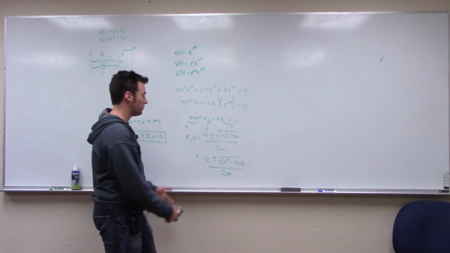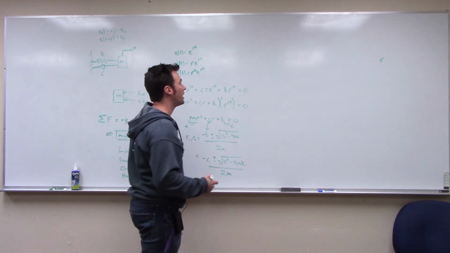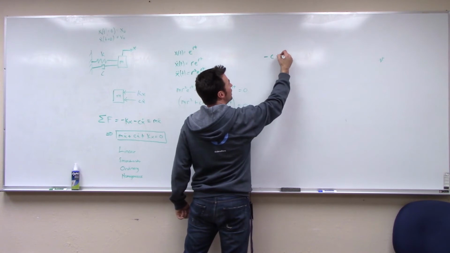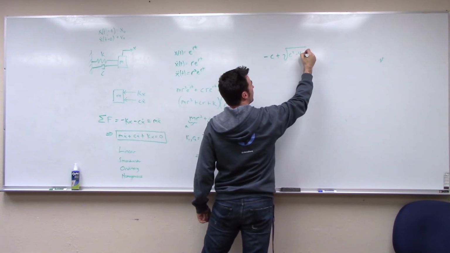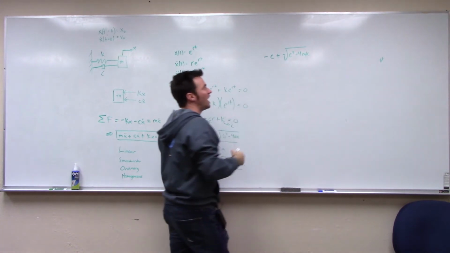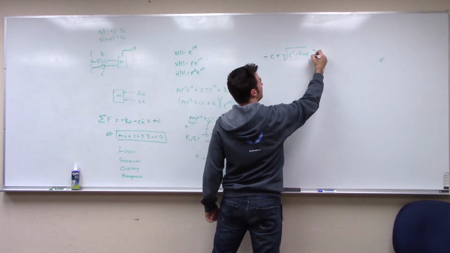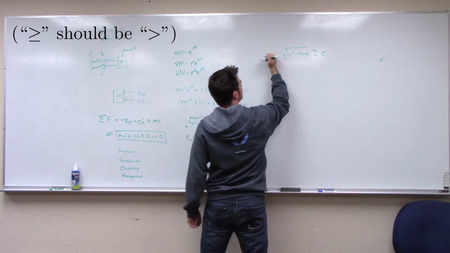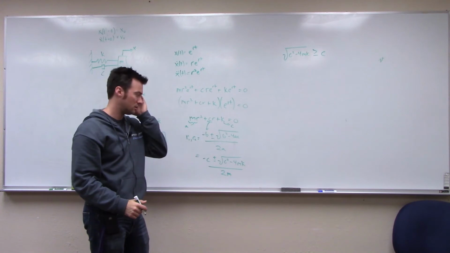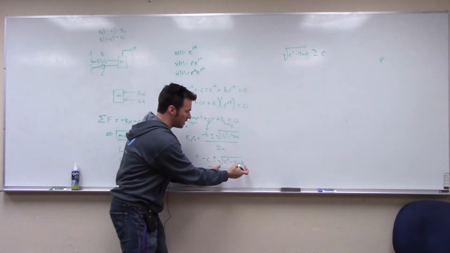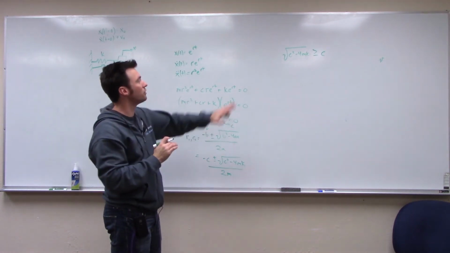We would need negative c plus the square root of c squared minus 4mk, and this thing would have to be a positive number greater than c. So we would have to have this square root greater than or equal to c in order for this to be, on the whole, a positive number. I suppose we could also end up with a negative number here and subtract it, but you'll see that can't happen either. So we really only need to consider this.